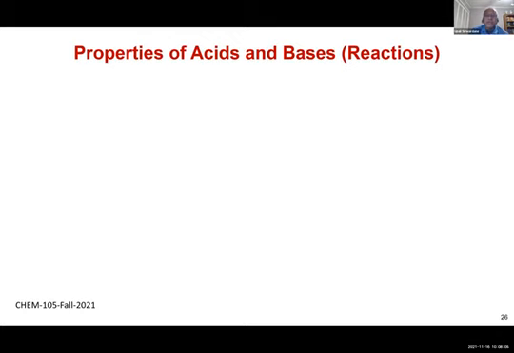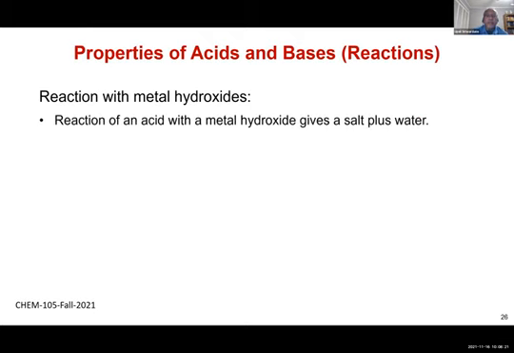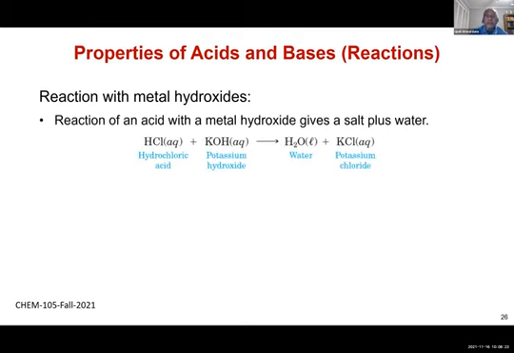We're also going to look into other reactions. The other reaction is the reaction of acids with metal hydroxides like KOH.